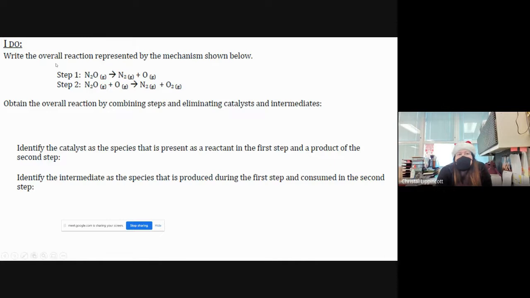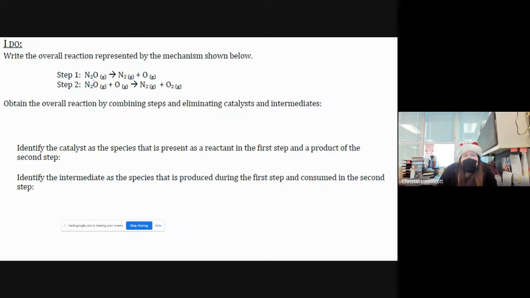Okay, so here's our overall reaction. We want to figure out what our overall reaction is by combining these steps and eliminating catalysts and intermediates. So let's see if we can do that. Hopefully this will let me mark on it. Yes, it's showing up. All right, so we're going to figure out if we have any catalysts.